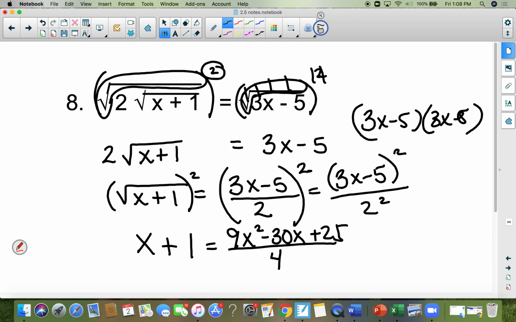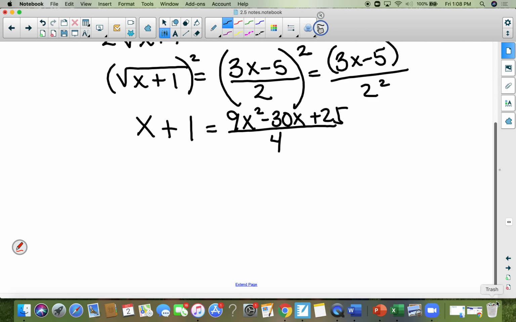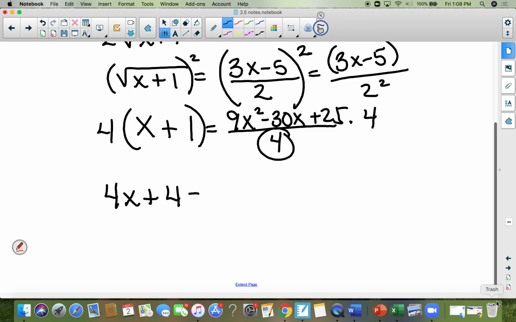There's supposed to be 5 at the end. I'm going to get rid of this fraction by multiplying both sides by 4. 4x plus 4 equals 9x squared minus 30x plus 25.